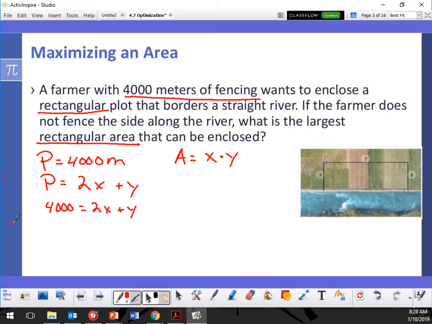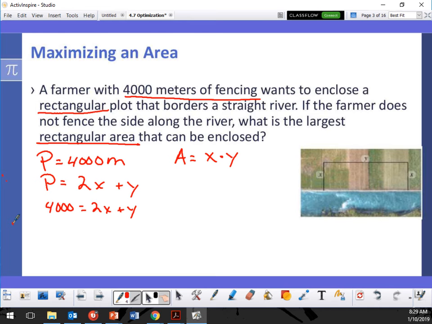When I do this, I'm going to take the derivative, because to maximize it, I want the derivative, and to get a maximum, the derivative has to be equal to 0. That's where I get my critical points, when my slope is equal to 0. So that's my min or max there.